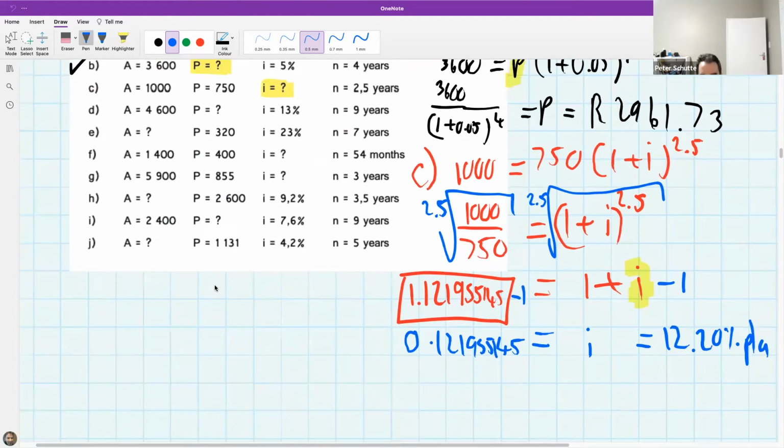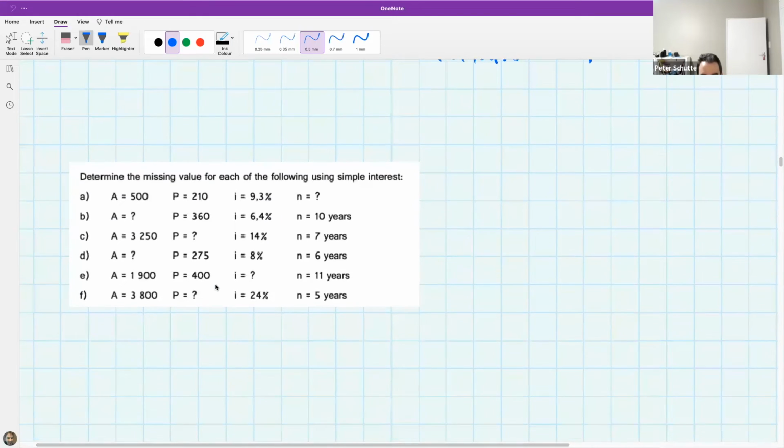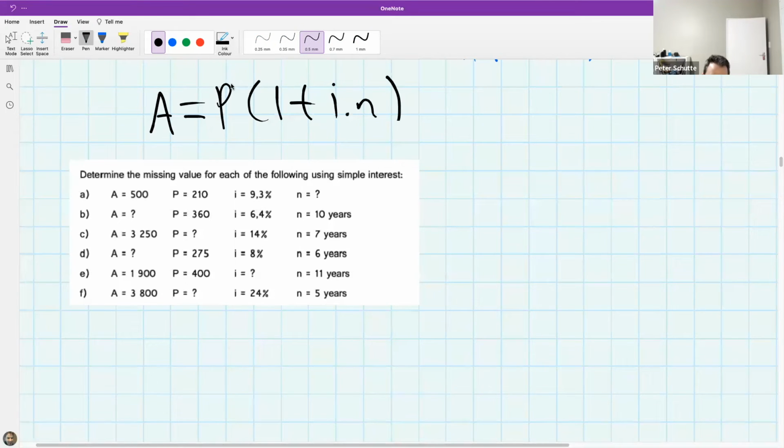But before, most of grade 11 maths focuses on compound interest, but I just want to check that you still know how to use simple interest. So we're going to do the same sort of exercise, except I'll give you the simple interest formula, and I want you to find me N, I want you to find me A, and I want you to find me P for those 3 questions.